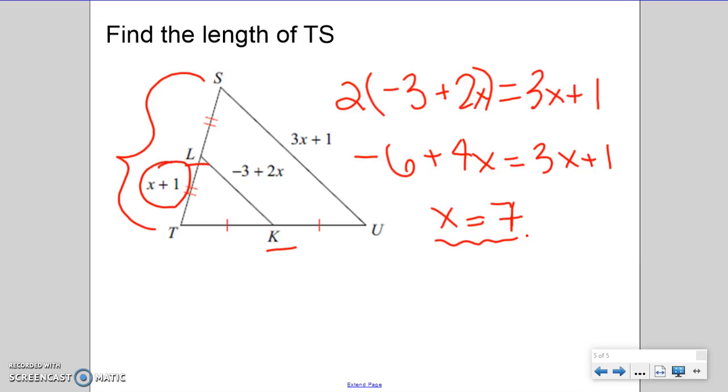So that would tell me that the length of LT is 8. But they didn't ask me about LT, they asked me about ST. Since these two pieces are congruent, both of these are 8, which tells me that line TS, or the length of that side on the triangle, would be 16 units.